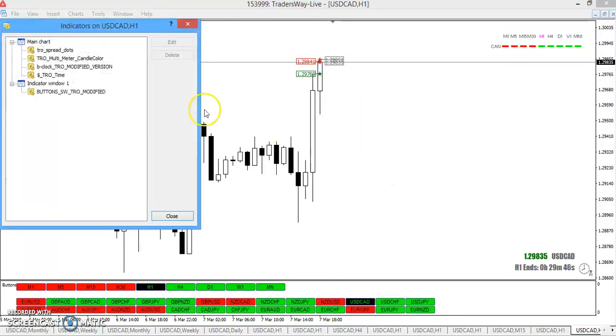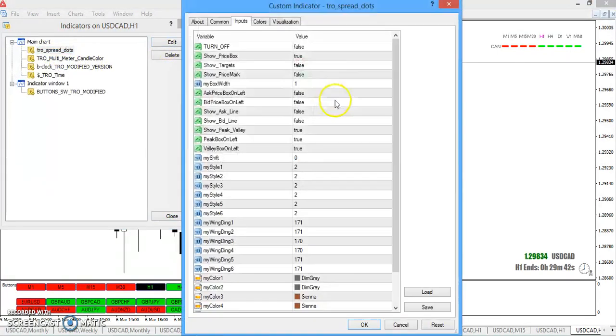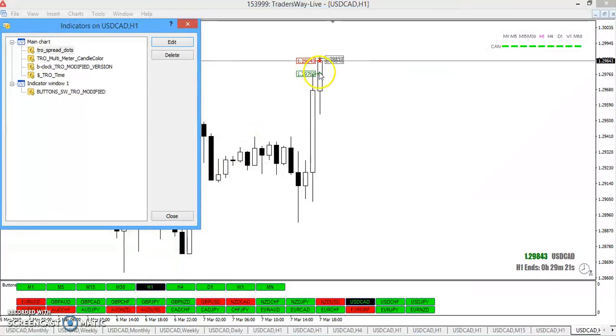So, that being said, let me show you the indicator. It's the spread dots. And I've modified the spread dots to show the peak boxes and to show the peak valley. Which are these two right here.